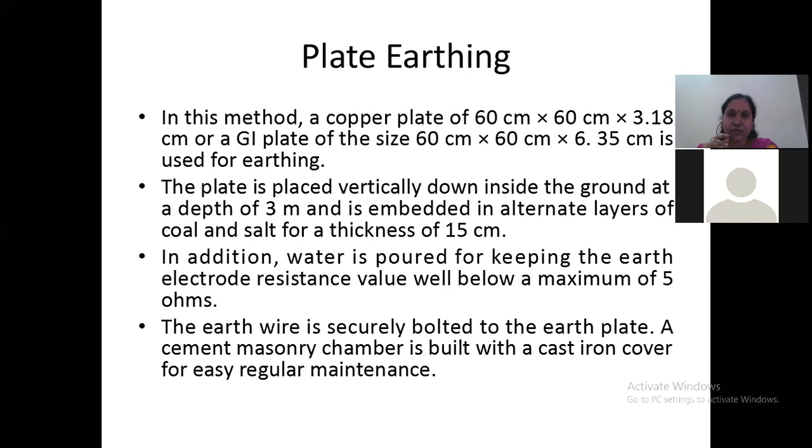Coming to the plate earthing, in this method, a copper plate or a GI plate of these dimensions is used.